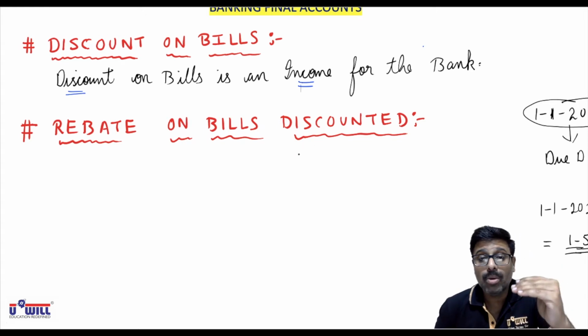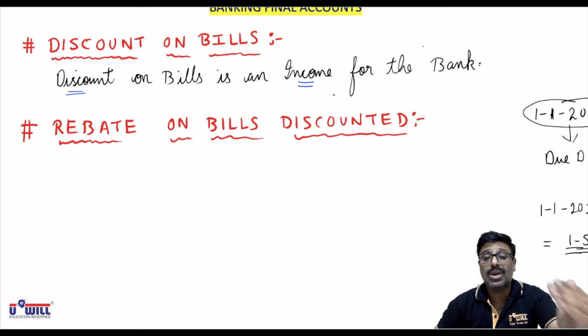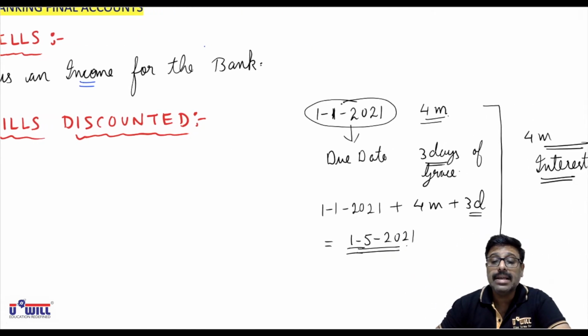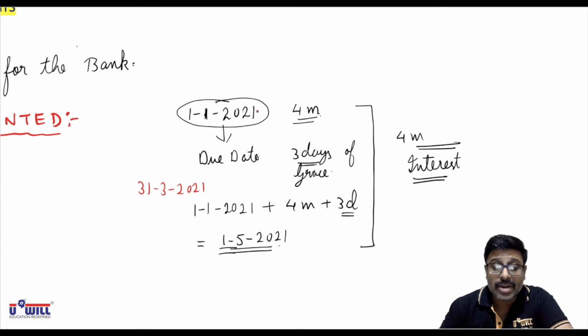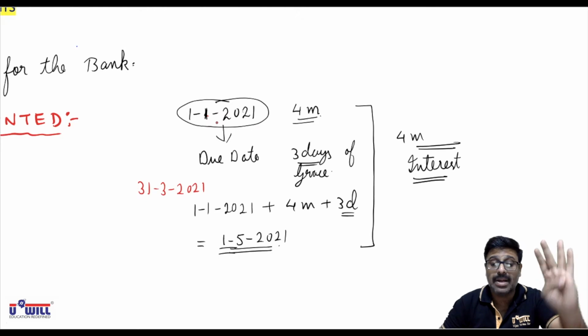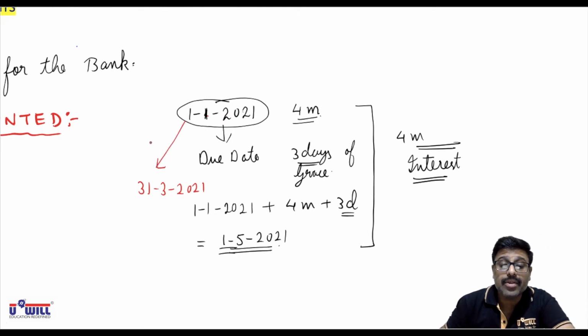But no, it is not an income for only the current year entirely, because the current year would end in between, on 31st of March. So out of the interest you are charging for January, February, March, April, 3 months interest would belong to the current year, and April month's interest, 1 month interest, would belong to the next year.